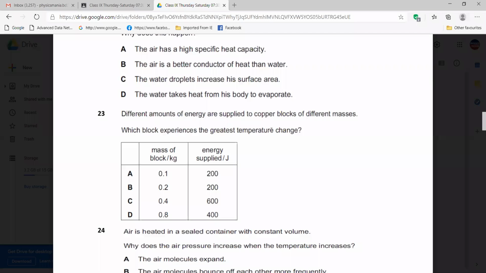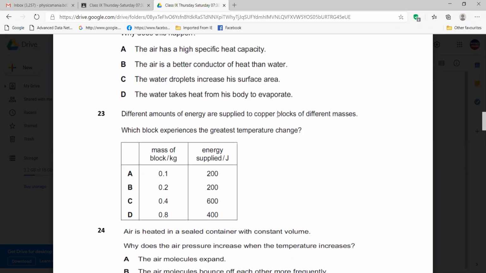Yes, sir. Okay, so which formula do you think that you can use to understand it? They are saying copper blocks, right? All are copper blocks. So if they are of the same material, copper, then they have the same specific heat capacity, right?